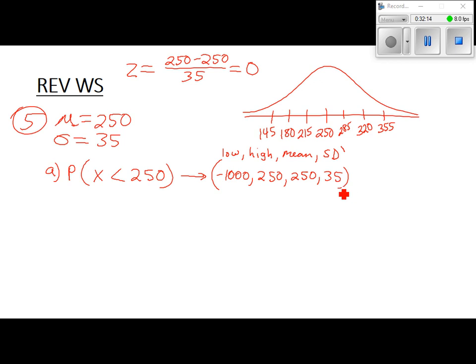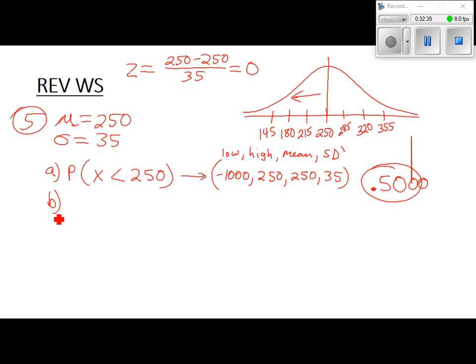Somebody punch all that into your calculator and tell me what you get. It should be 50%, because if we're at the mean, what percentage should be down this way? Half of it. That's why I said we didn't really need the calculator.